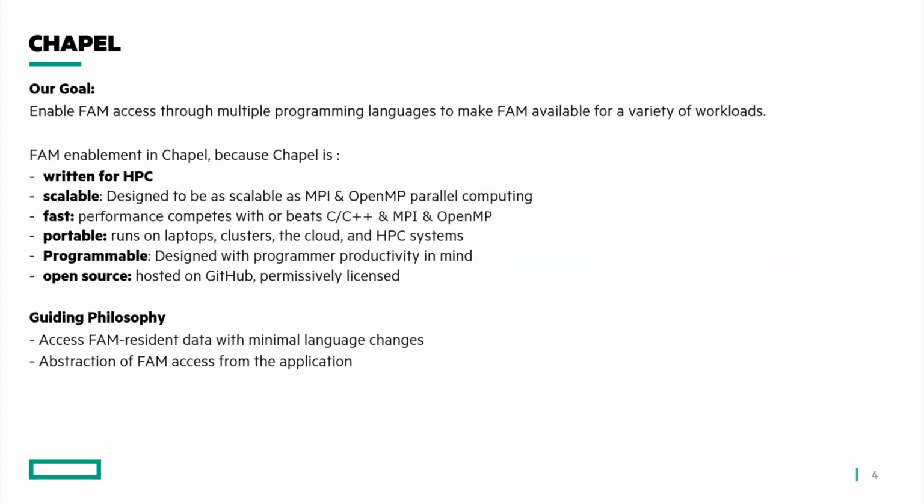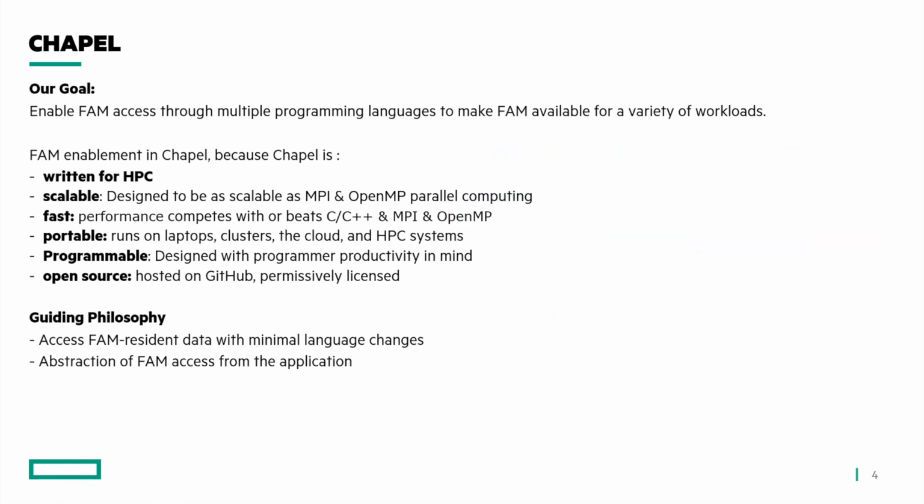Now to quickly summarize why we chose the CHIUW language for FAM support. Our primary intention is to make FAM available to a variety of workloads, and that is possible through enabling FAM access in multiple programming languages. Because FAM usage is targeted more towards HPC workloads, and CHIUW is also written for HPC, we thought enabling FAM access in CHIUW was more appropriate.